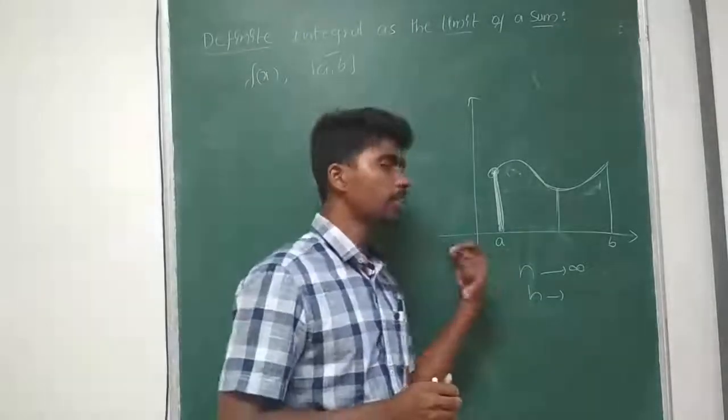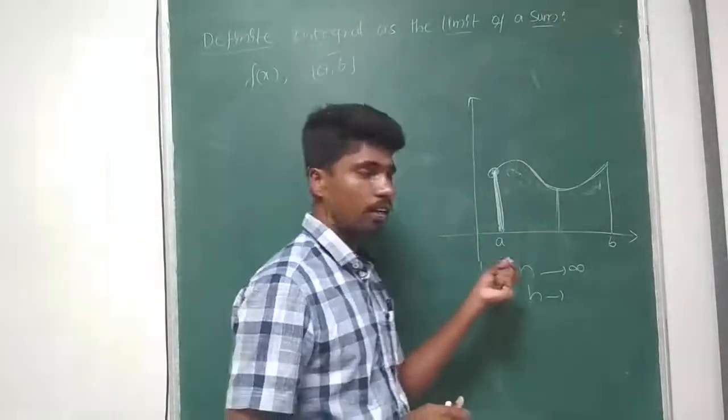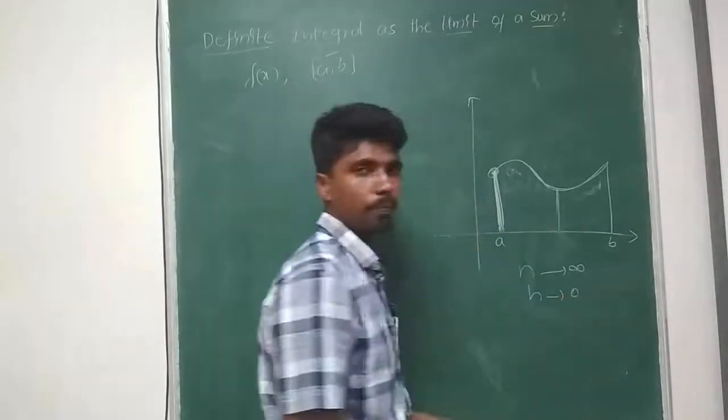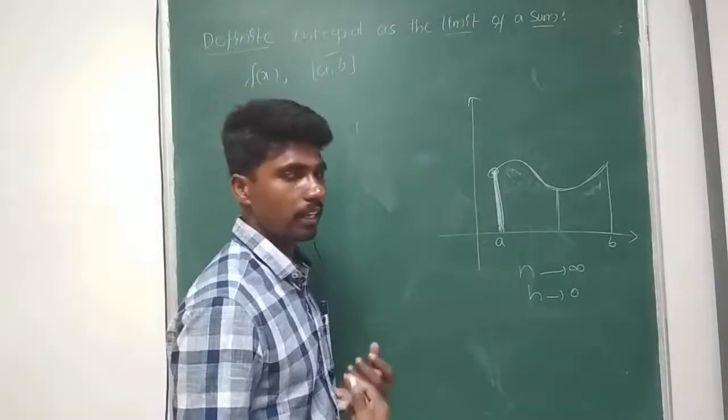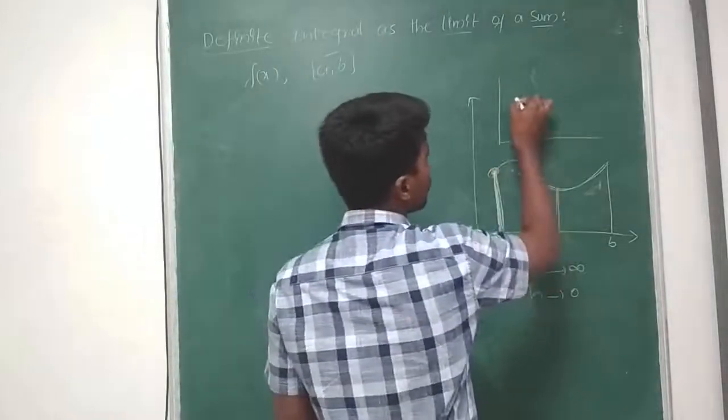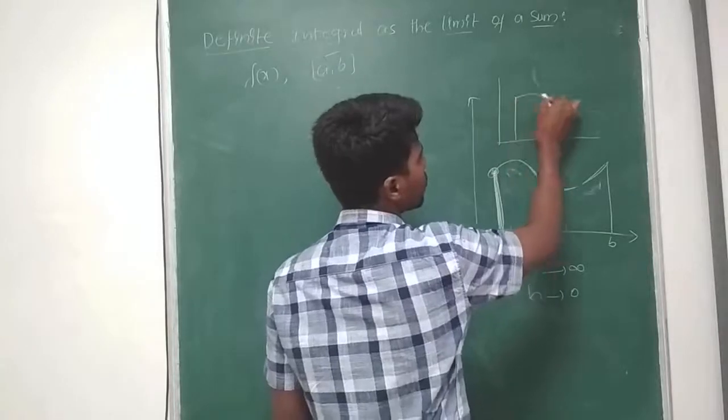So if n tends to infinity, the width of each division tends to 0. For our derivation, for our convenience, I am taking the divisions as visible divisions.